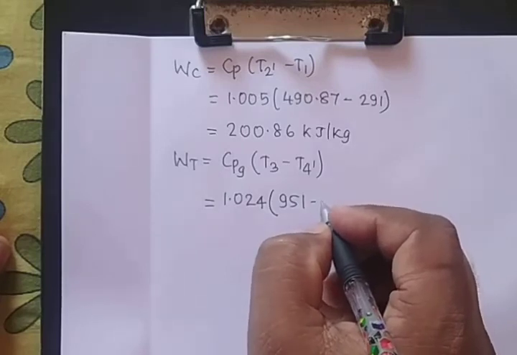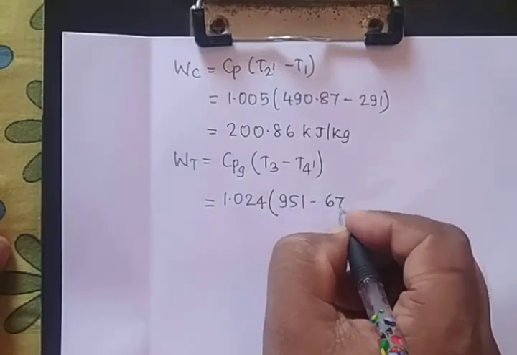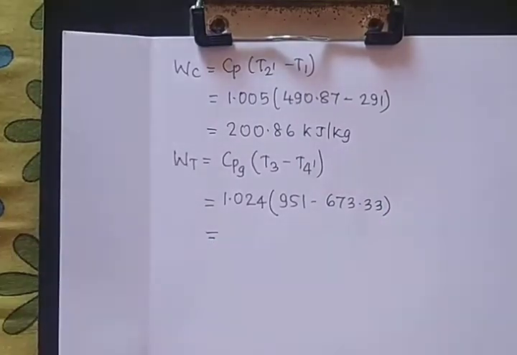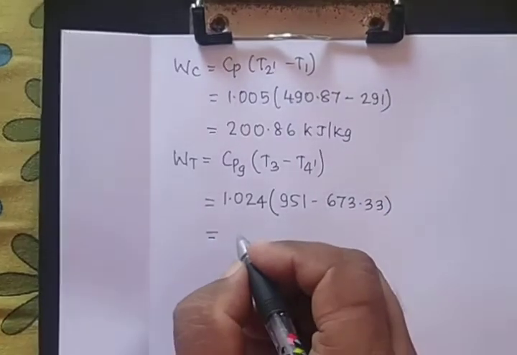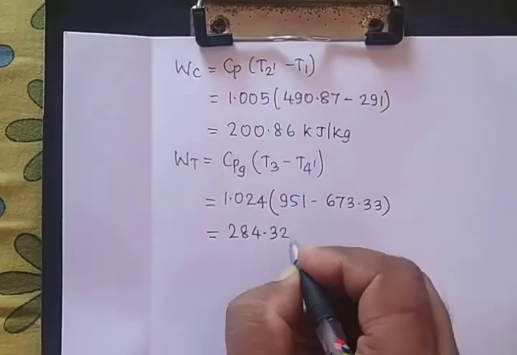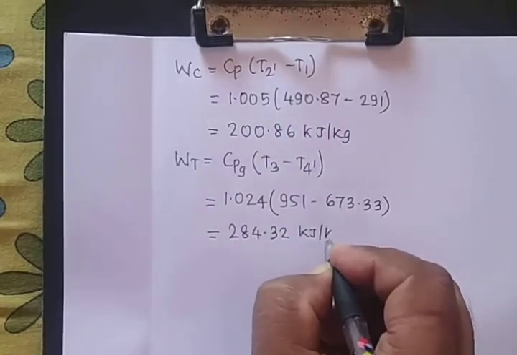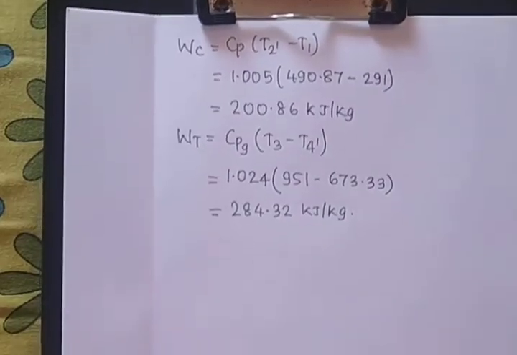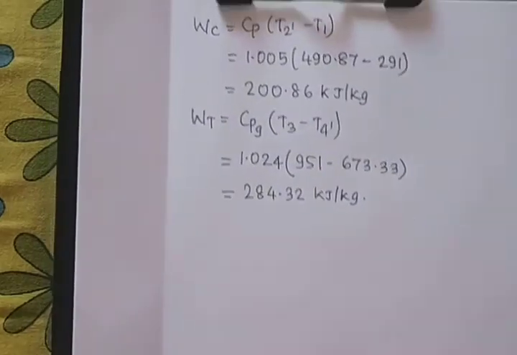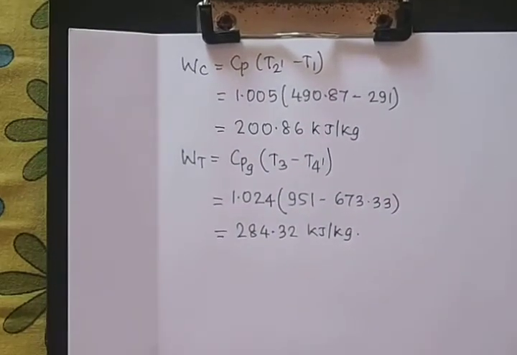T4 dash what we have found out is 673.33, that is you get the answer as 284.32 kilojoules per kg. Once we found out the compressor work and turbine work, next we will find out heat added.